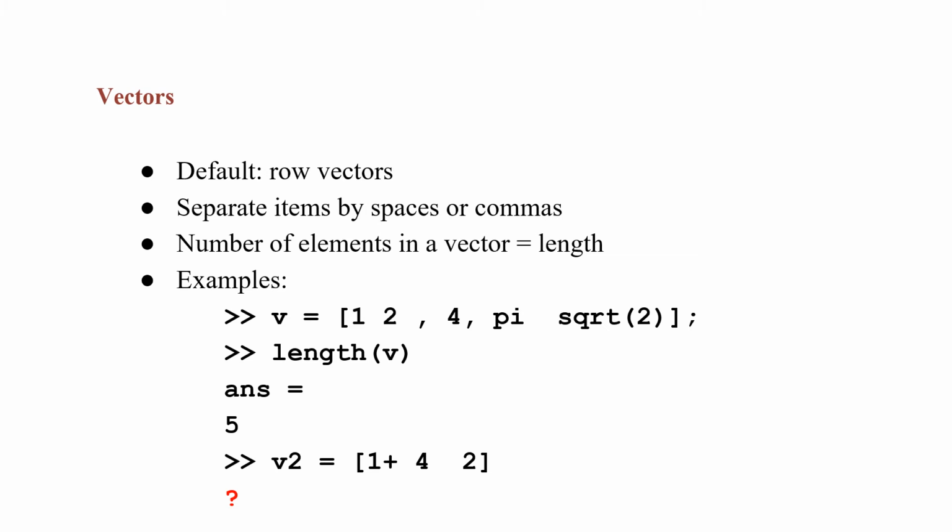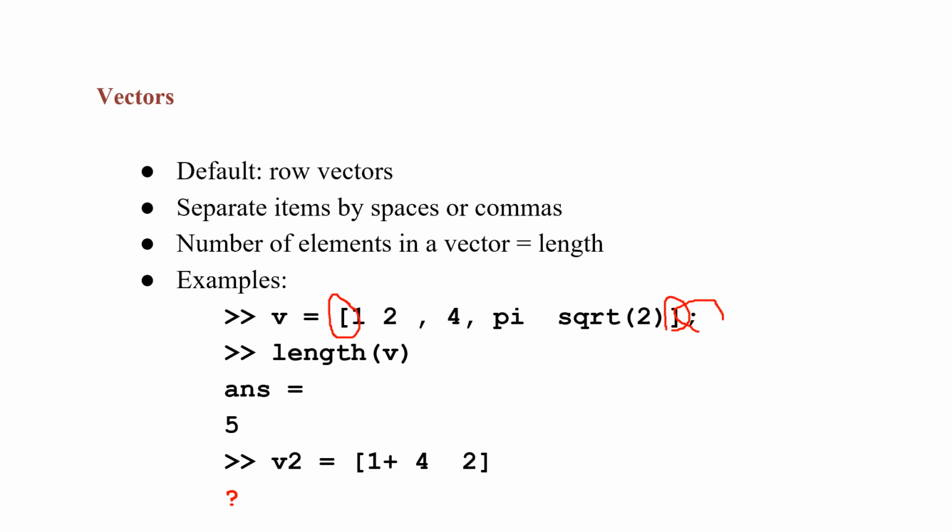To create a variable of type vector, you simply need to use the square bracket to open the array and close it as well. Here I put a semicolon at the end because I don't want to display the variable value. I simply want to store or create a variable with these data.